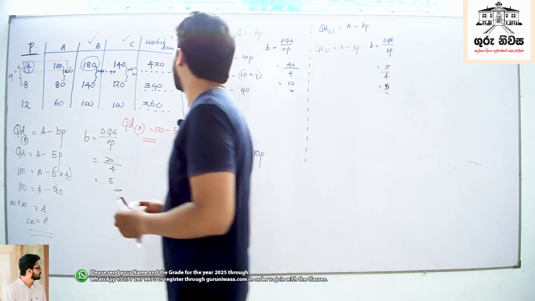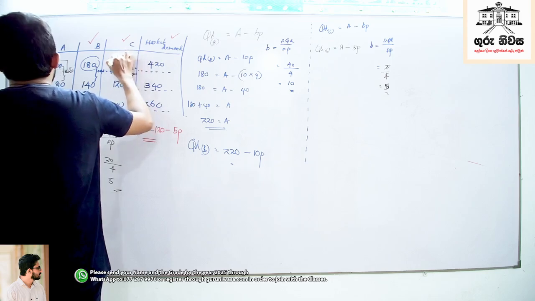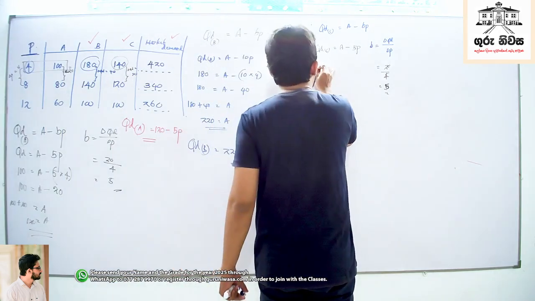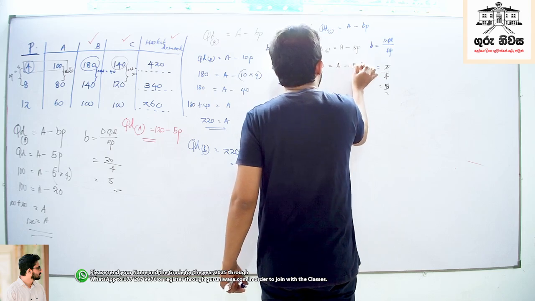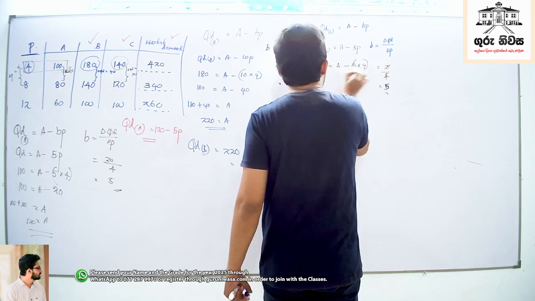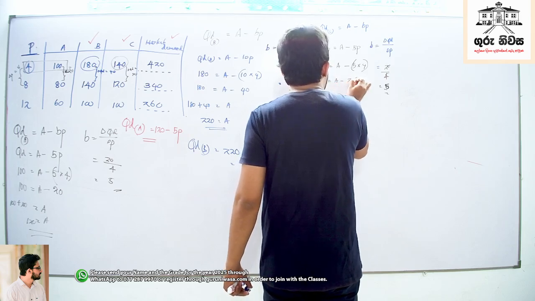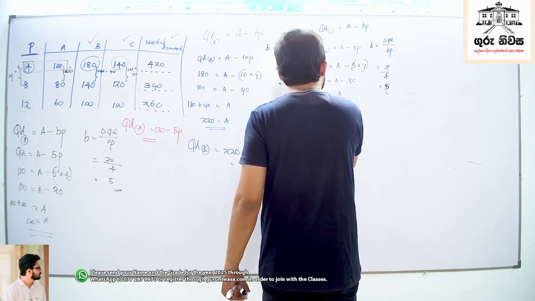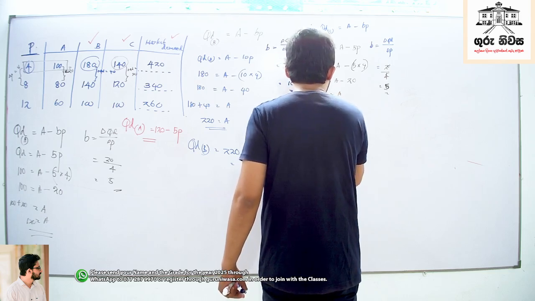Now choose any point on the demand curve. At first, price 4, demand is 140. Substitute 140 equals A minus 5 into price, which is 4 rupees. 140 equals A minus 20. A equals 140 plus 20, which means A equals 160 units.